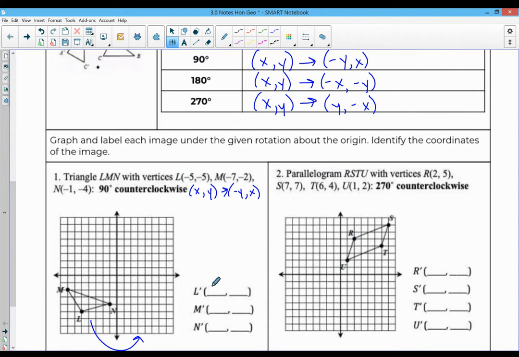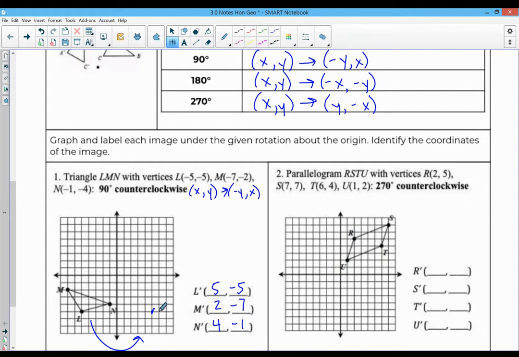So for L, that would be positive 5, and then my x value just goes at the end. For M, the y value goes up front and changes sign, so that'll be positive 2, and then the x value goes at the end. For N, the y value goes up front, changes sign, and the x value goes at the end. All of these points end up in the fourth quadrant, just like we want. So we have 1, 2, 3, 4, 5, negative 1, 2, 3, 4, 5.